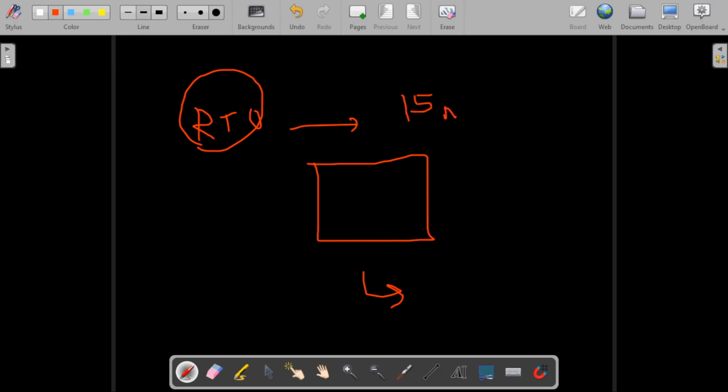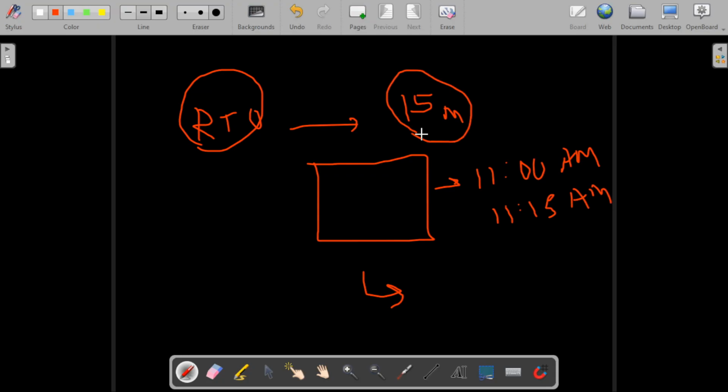It means if this system goes down at 11 a.m., it should start working before 11:15 a.m., because within 15 minutes my system should start working. So if it recovers within the given time, RTO is met.